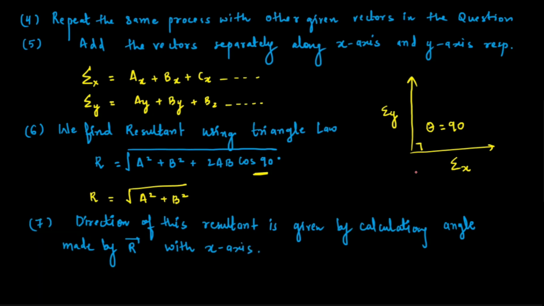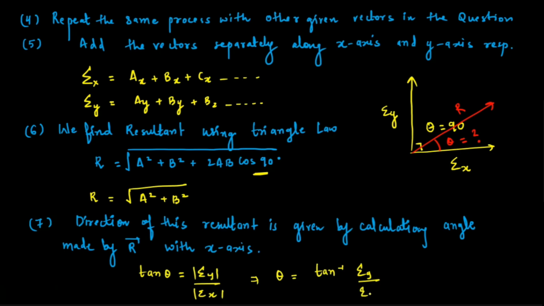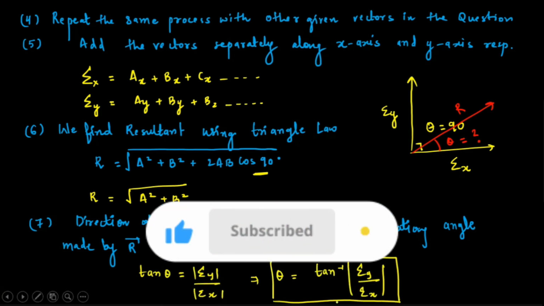Like, suppose I got the resultant somewhat like that. This is my R. So this resultant must have some angle. So this angle will actually give us the direction. And this can be done by simply using tan theta. So tan theta is nothing but summation along y divided by summation along x. And we have to always take mod of it, like the magnitude. So from here, we'll get theta is going to be tan inverse of y by x, like that. So this will give us the direction. So this is the whole process which we applied here.